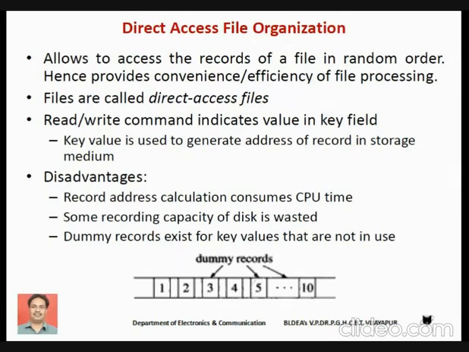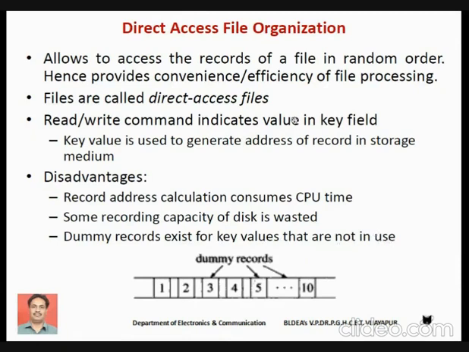Even if it is not required, you must allocate some space. That's why the author says that some recording capacity of the disk is wasted, because we need to store dummy records to access the locations based on some calculation. The dummy records exist for key values that are not in use.